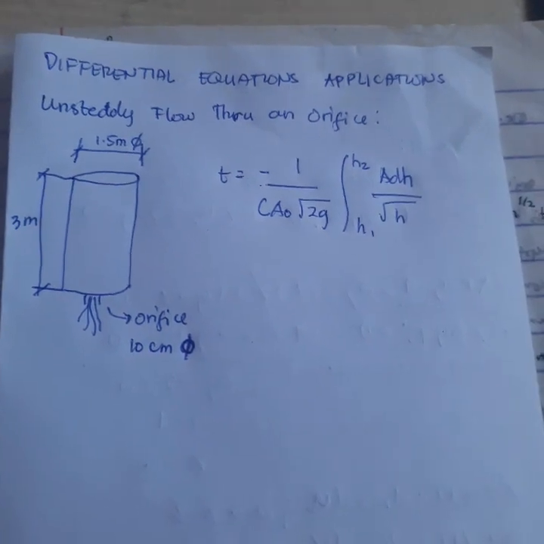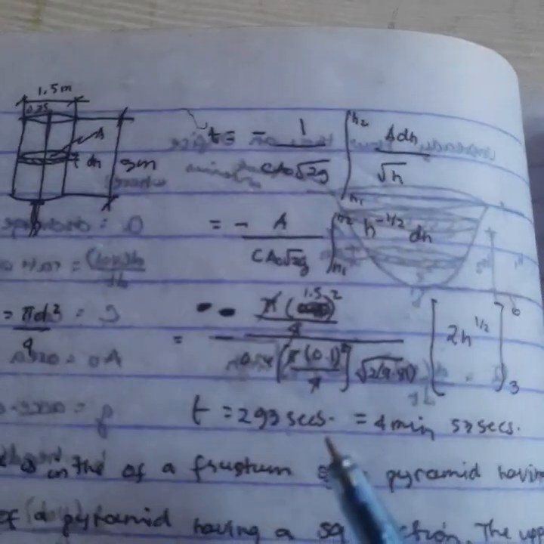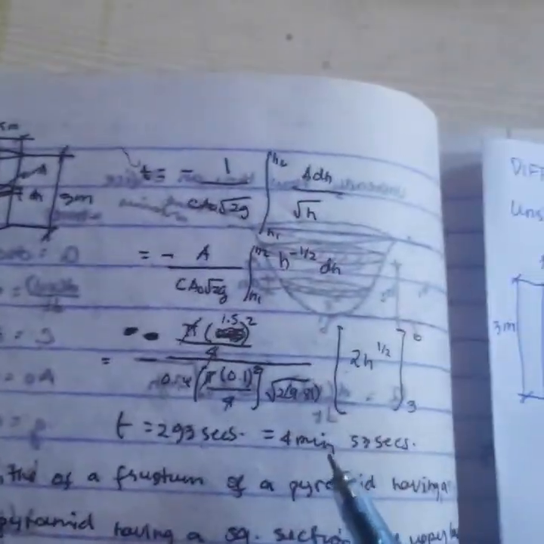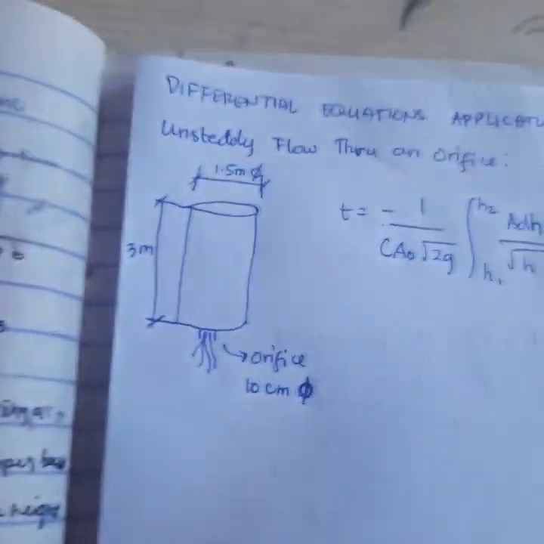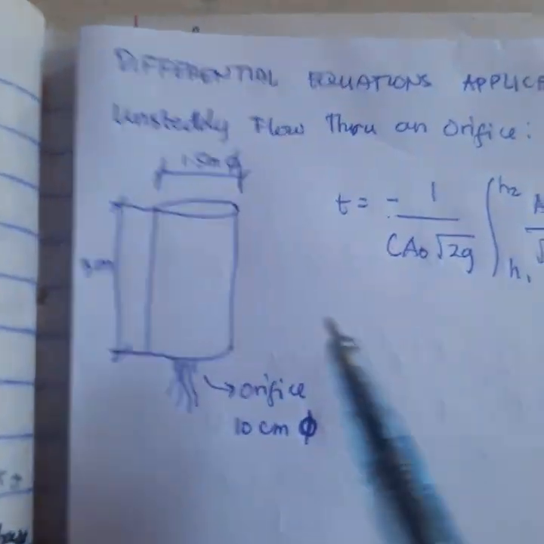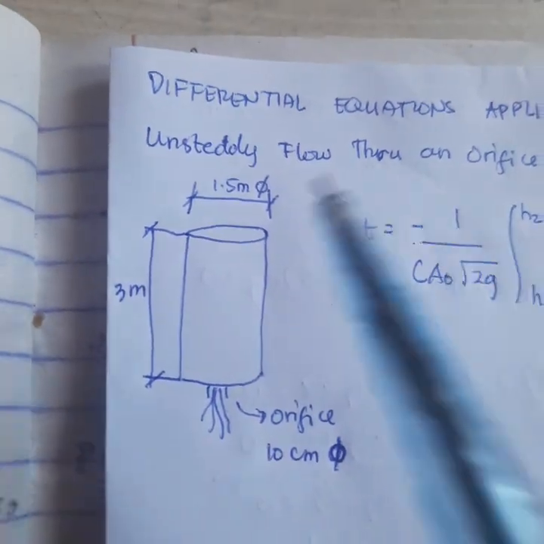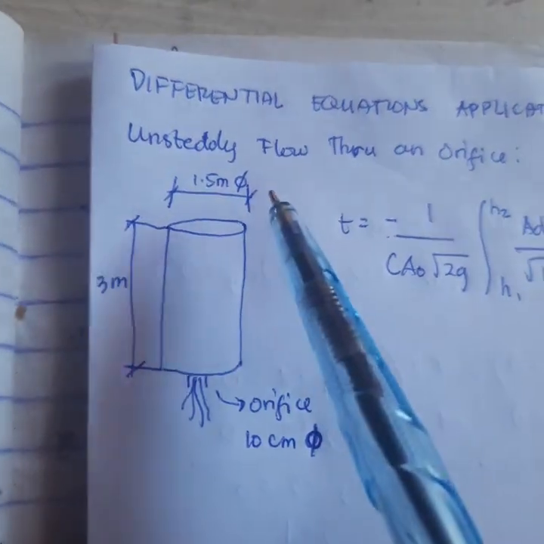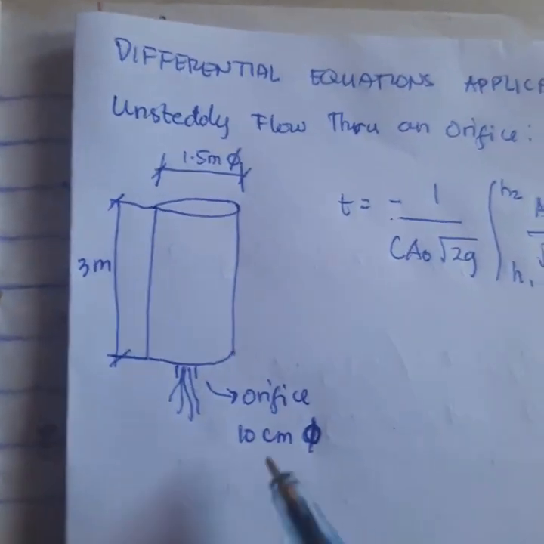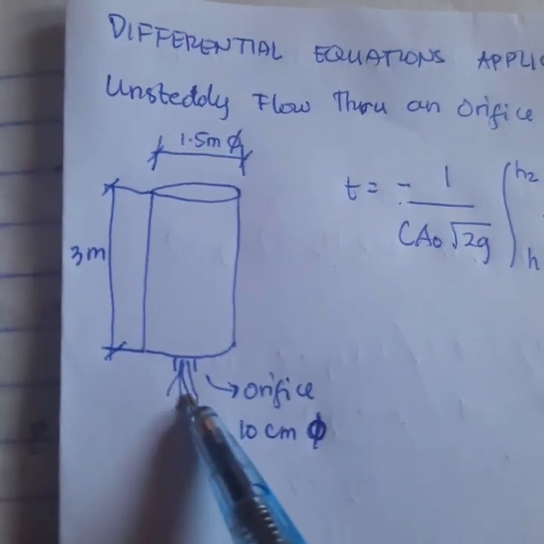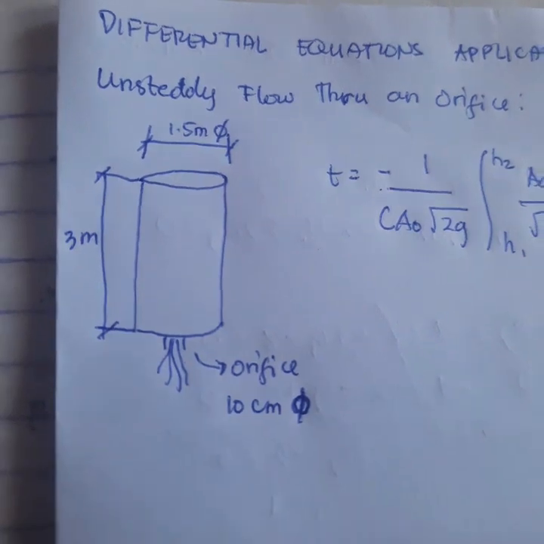Okay, so as for the solution, I will just write it. My solution here may not be clear, but anyway. First, what is given in the problem: we have a cylindrical tank that is 1.5 meters in diameter and 3 meters in height, with an orifice or opening at the bottom that is 10 cm in diameter.